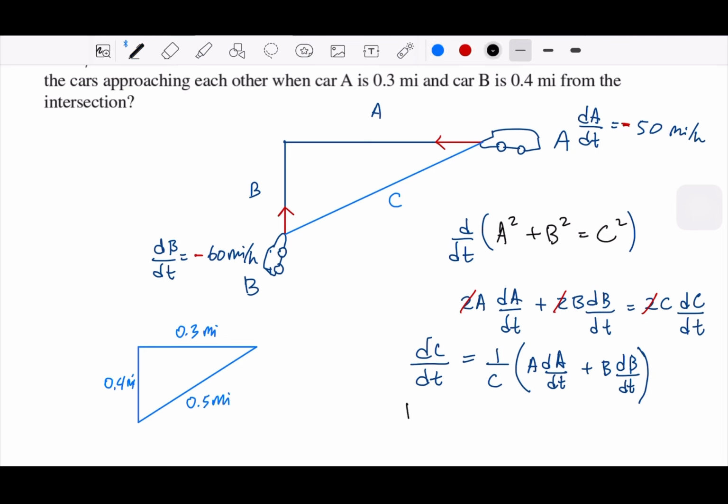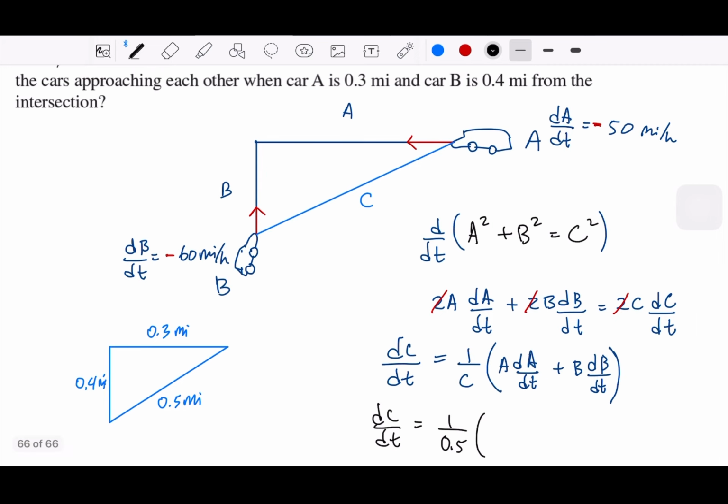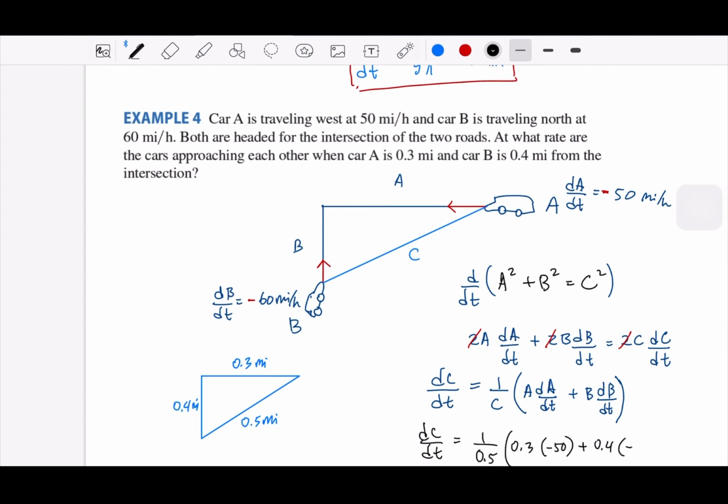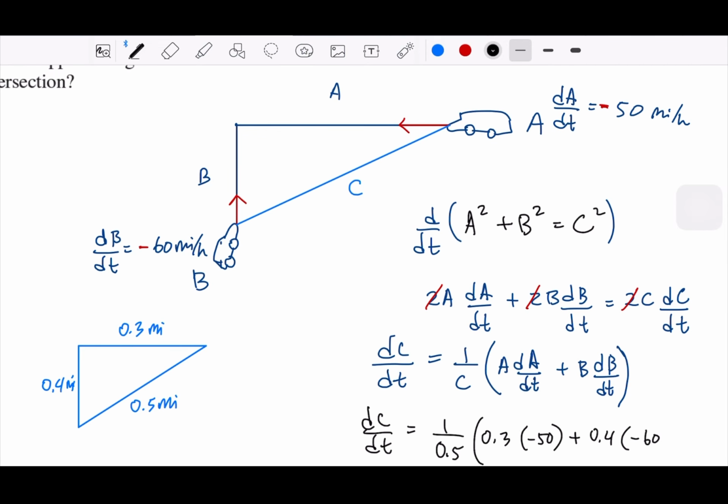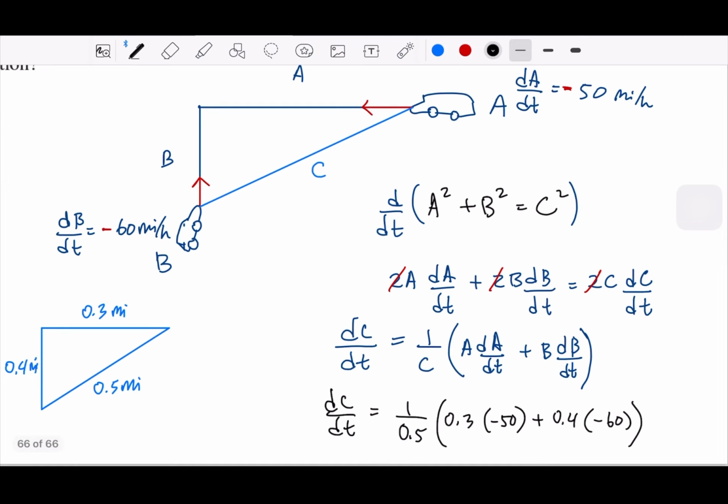So we are going to have dC/dt is 1 over 0.5, times A is 0.3 times negative 50, plus 0.4 times negative, what is dB/dt? 60. I think you can just calculate this. This is around negative 78 miles per hour.